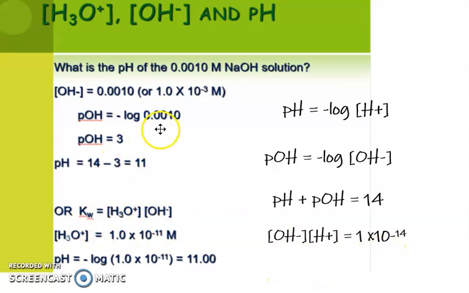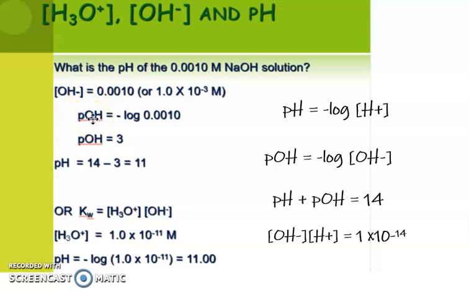But anyway, with this method, you will look at this and maybe you recognize that this is 1 times 10 to the negative 3, which means that there's going to be a pOH of 3. So hydroxide ion concentration and the pOH are related again.